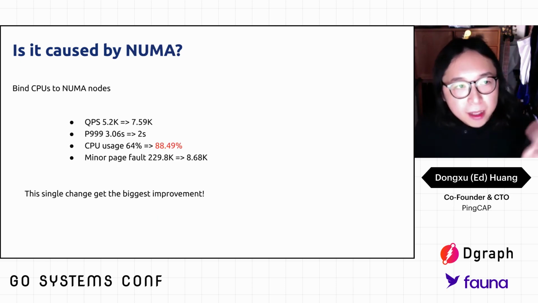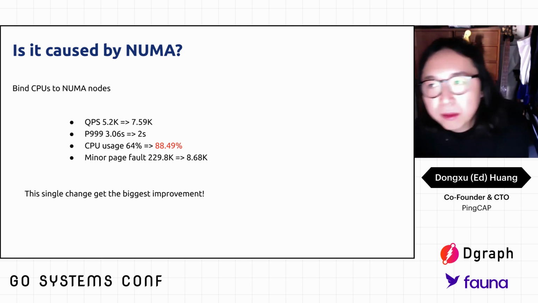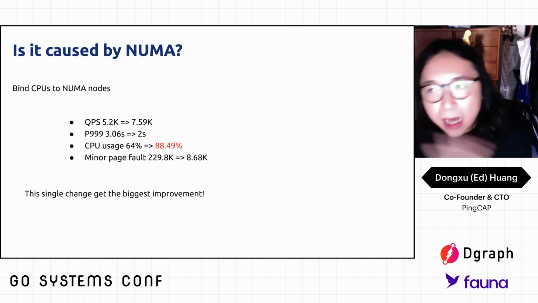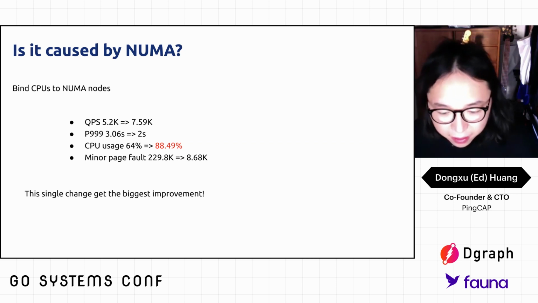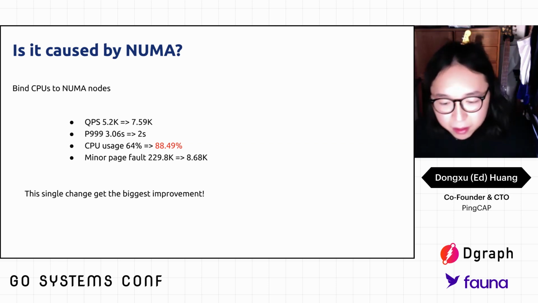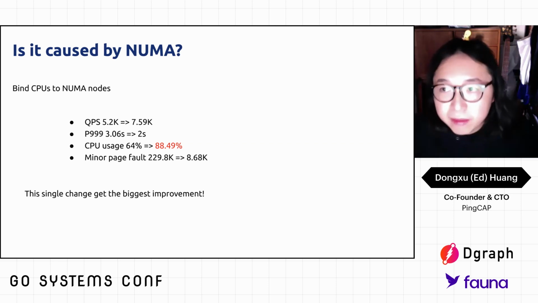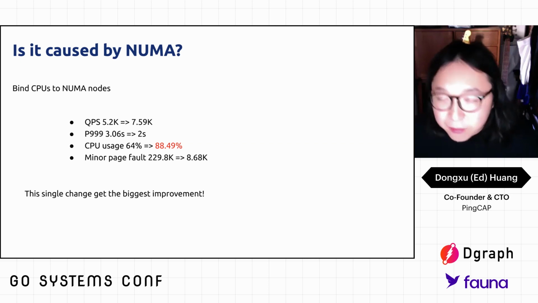And is it caused by NUMA? I will talk about NUMA in the next few slides. In this case, we changed the deployment model to separate the deployment into different processes.